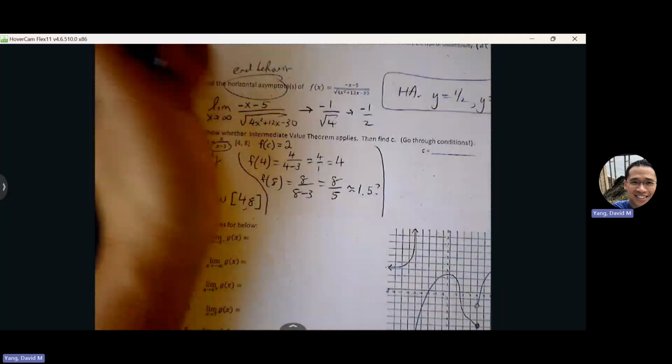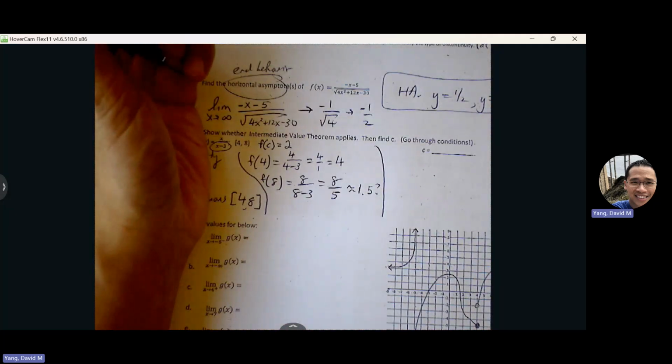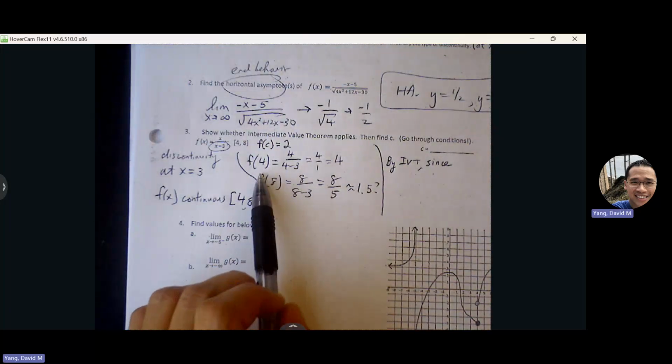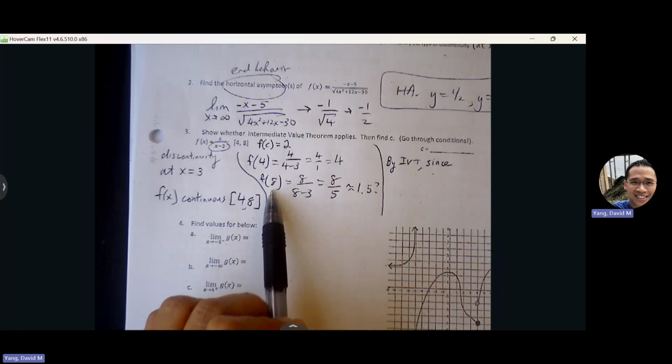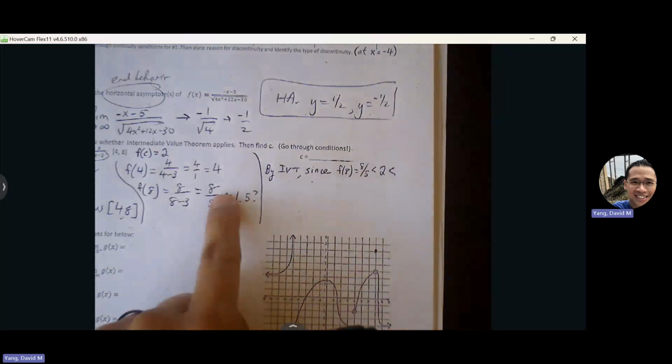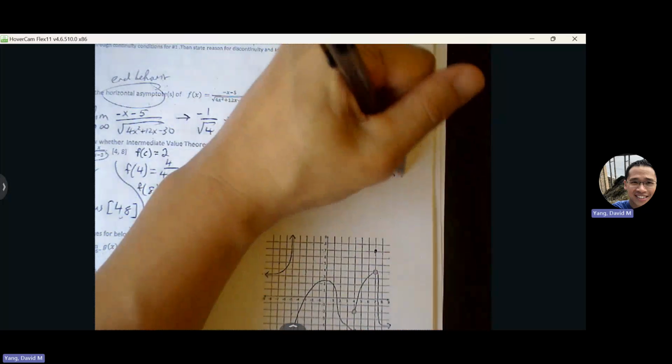So let's go ahead and write our statement. We can say by IVT, since we have one endpoint, which is, I'm going to start with the lower one, f of 8 is 8/5, and 8/5 is clearly less than 2, and 2 is clearly less than my other endpoint, which is 4 coming from f of 4.